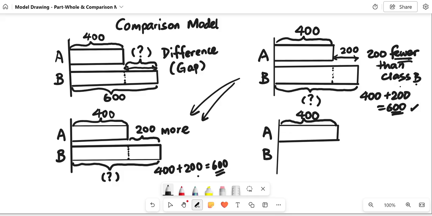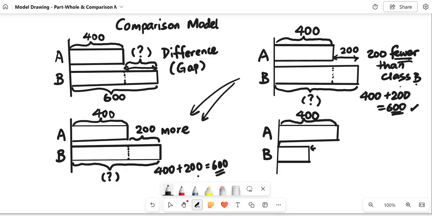They collected 200 more bookmarks than class B. So now they have got 200 more than class B, which means class B has fewer.